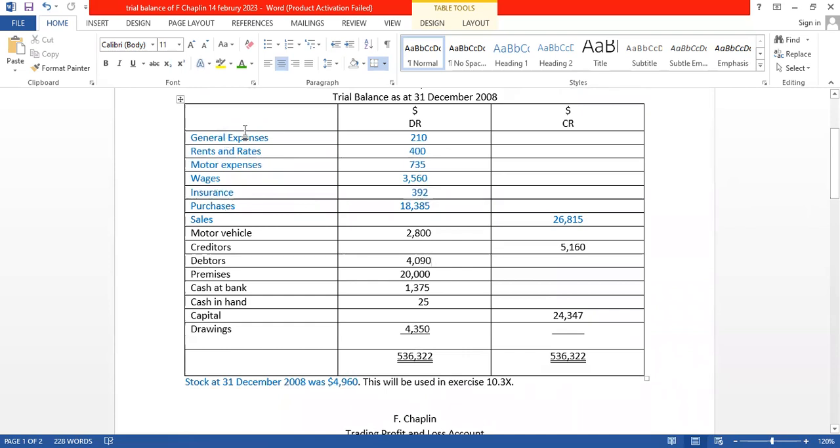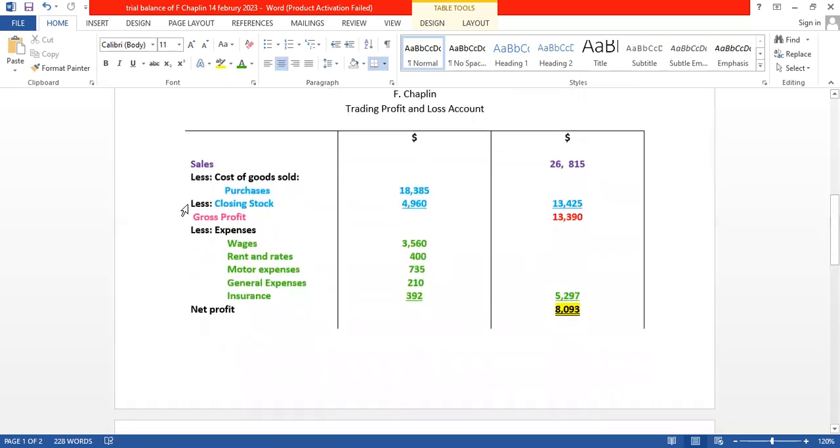Again, all these items in the blue, I've color coded them so you can see where we got the figures from, as well as the items that are to be put on the trading profit and loss account. Now, these are all expenses, and so they are debited, with the sales being credited. Go back to the trading and profit and loss account.